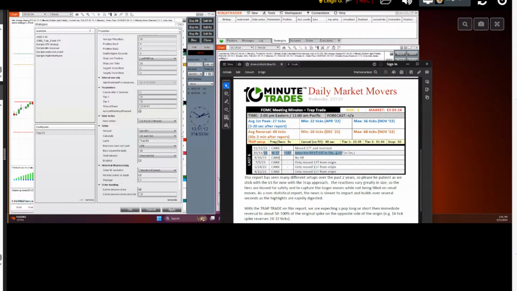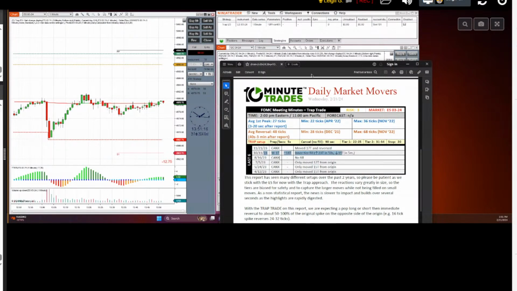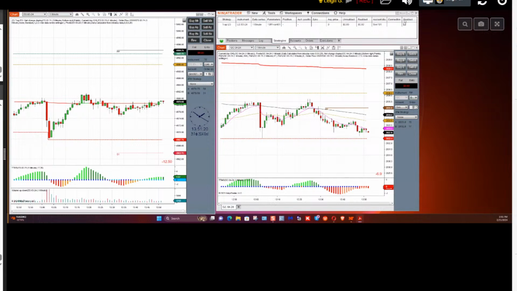There's always the possibility that you could get other instruments moving on this event. The NQ is a good instrument to trade on this event. It tends to move. Gold has not been all that impressive on FOMC minutes, and neither have bonds been all that volatile on the FOMC minutes, which always surprised me.